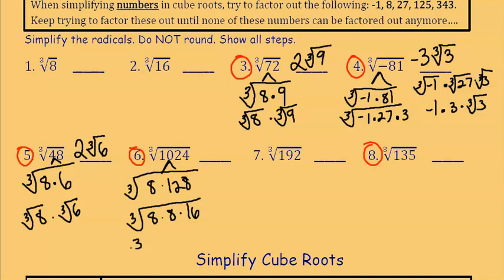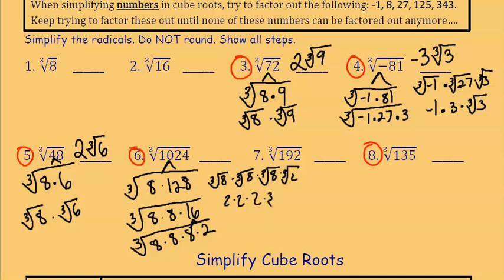And we know that 16 is 8 times 2. So we have the cube root of 8 times the cube root of 8 times the cube root of 8 times the cube root of 2. That will give you 2 times 2 times 2 times cube root of 2. And that will give you the simplified expression, 8 cube root of 2.